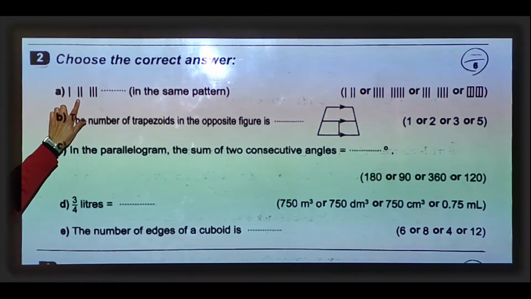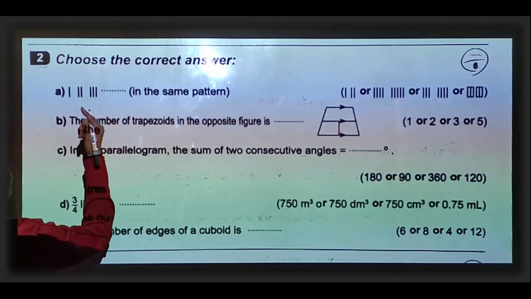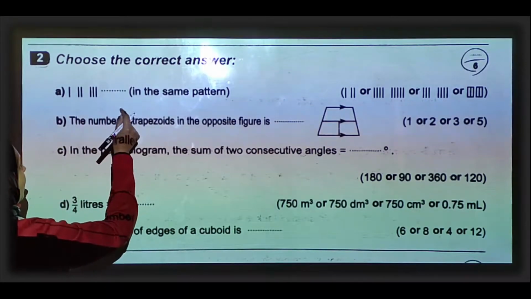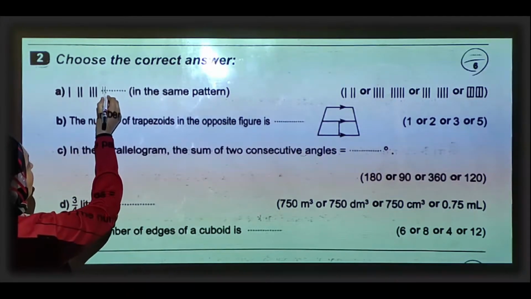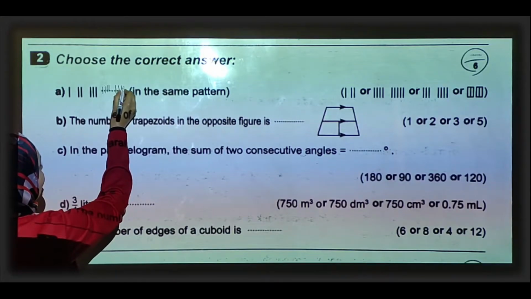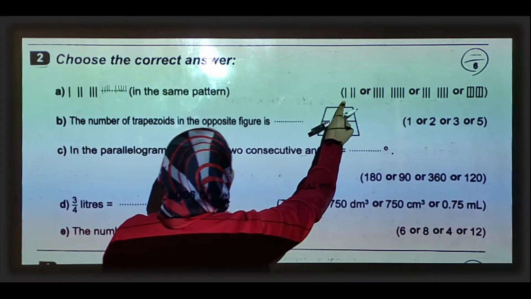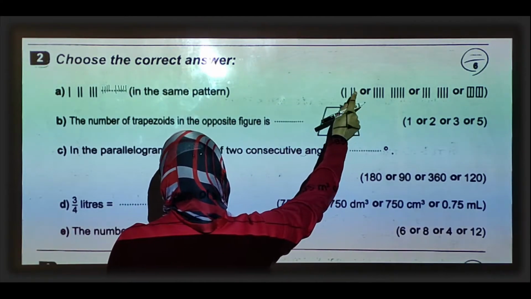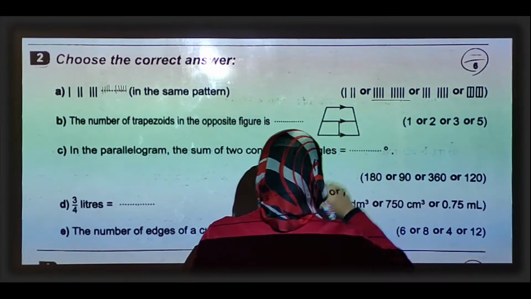So we complete by increasing 1 line each time. So the next is 4 lines, 5 lines, yes.